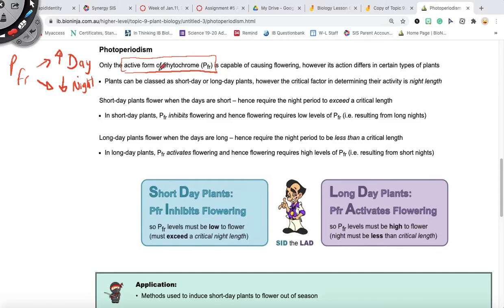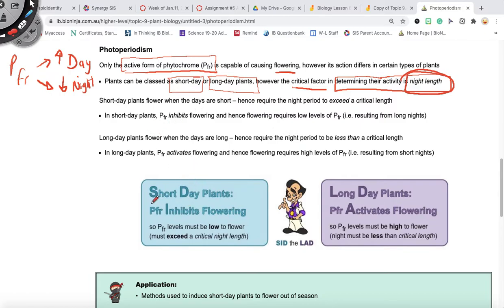So it is that active form, phytochrome far red, that is going to be the cause of flowering. Plants can be classified as short day or long day plants depending on when they bloom. However, the critical factor in determining their activity is the night length. I'll explain why in just a moment.